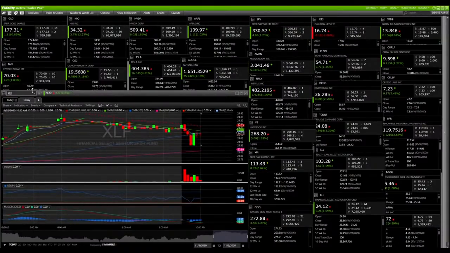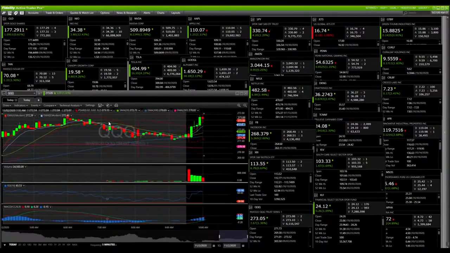XLF is 0.5% away from the high of the day, and XLV is maybe 0.2% away, less, 0.1. So again, Amazon is not positioned well for even just 5-minute consolidation on QQQ to look for a higher low. It's likely going to drive Amazon to new lows.